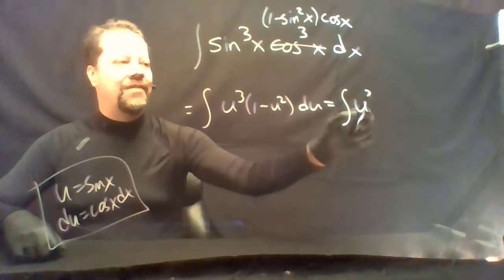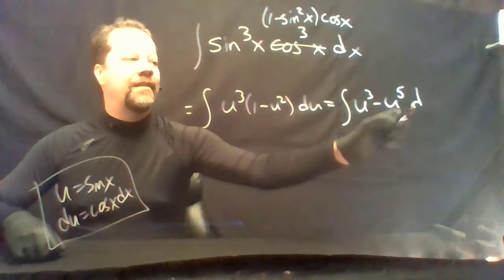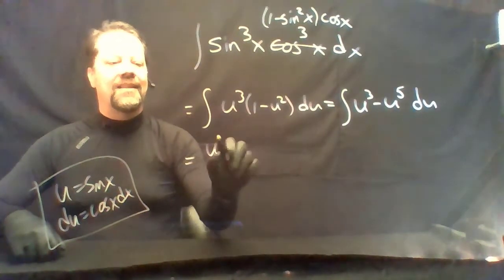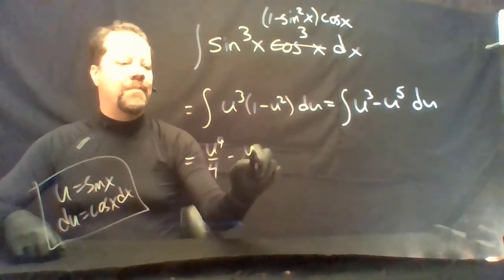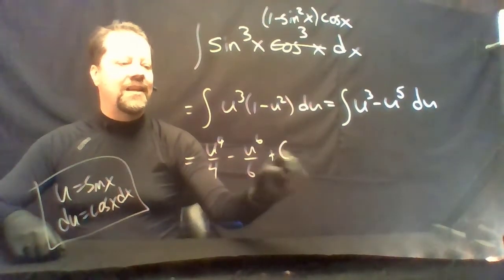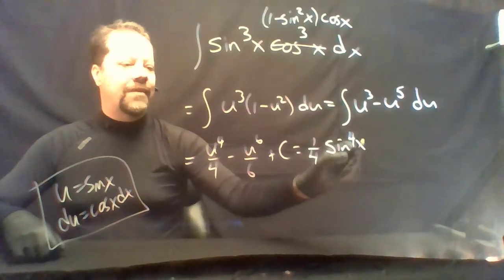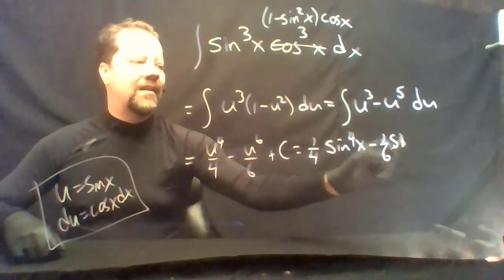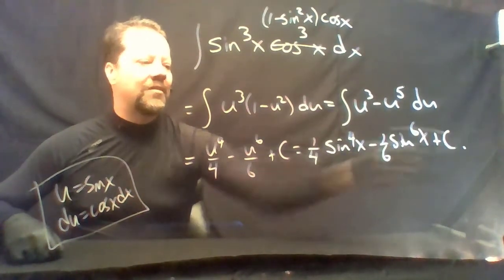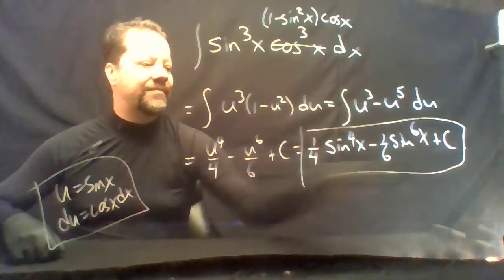We're going to get the integral of u cubed minus u to the 5th du. That's u to the 4th over 4 minus u to the 6th over 6 plus c, or 1/4 sine to the 4th x minus 1/6 sine to the 6th x plus a constant of integration.